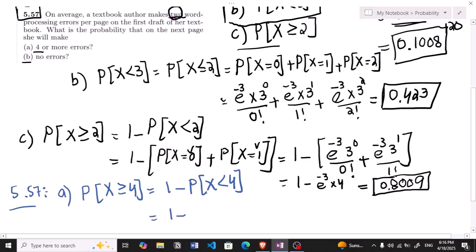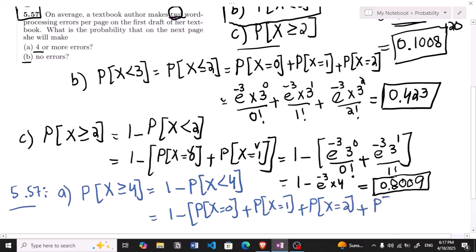It would be the probability of x is 0 plus the probability that x is equal to 1, the probability that x is equal to 2, and the probability that x is equal to 3. The value of lambda is already given, which is 2.